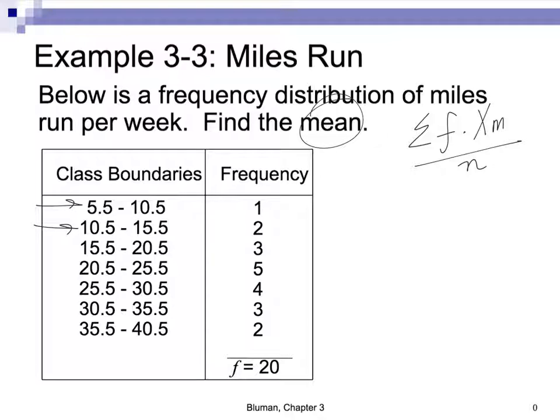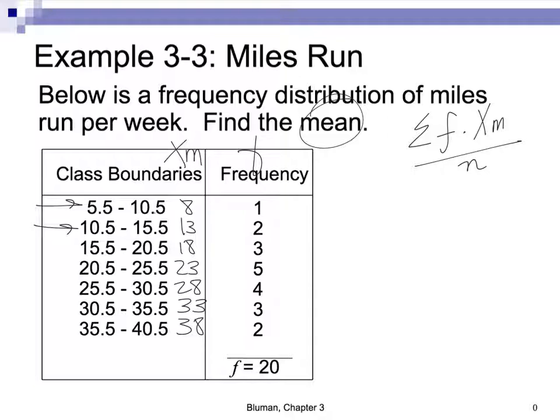Again, we're going to add 5.5 to 10.5, divide by 2, that would give us 8. Add 10.5 to 15.5, that would give us 13 when we divide that by 2. And we would do that for each one of the following classes. And again, that is giving us our midpoint.